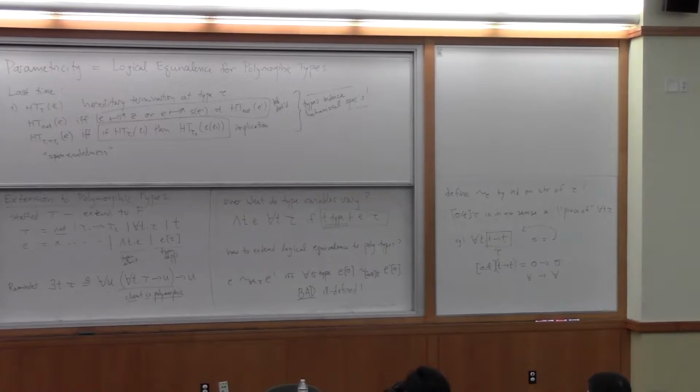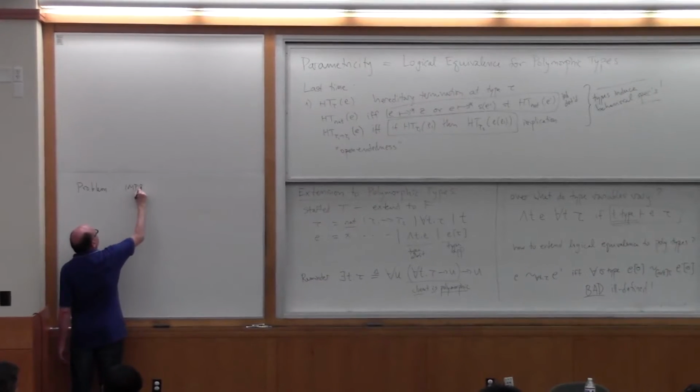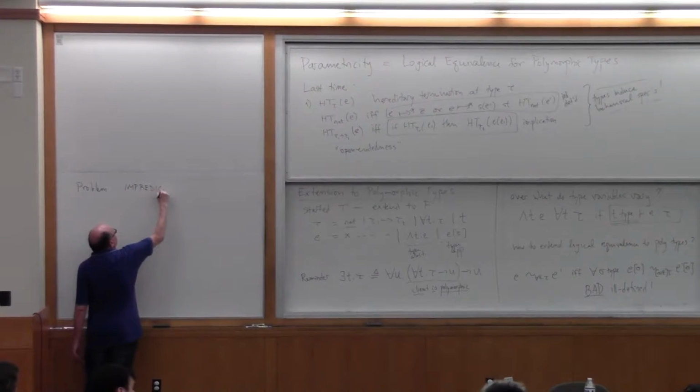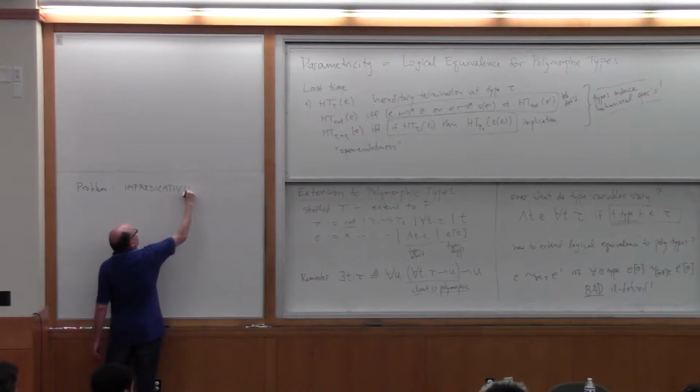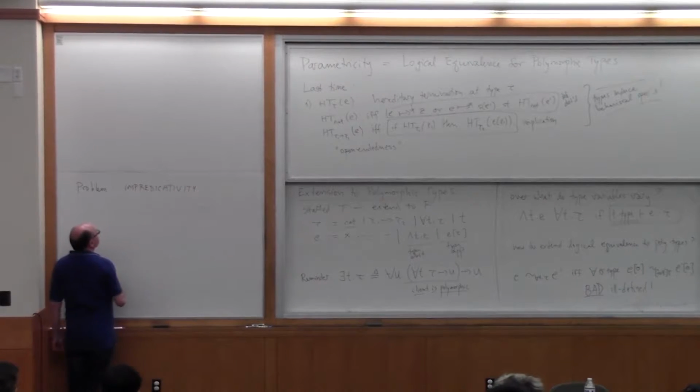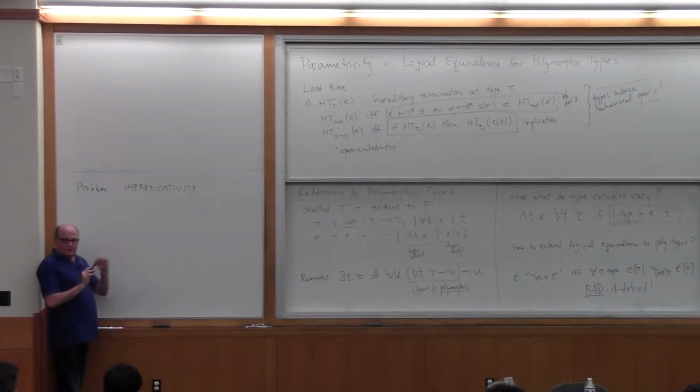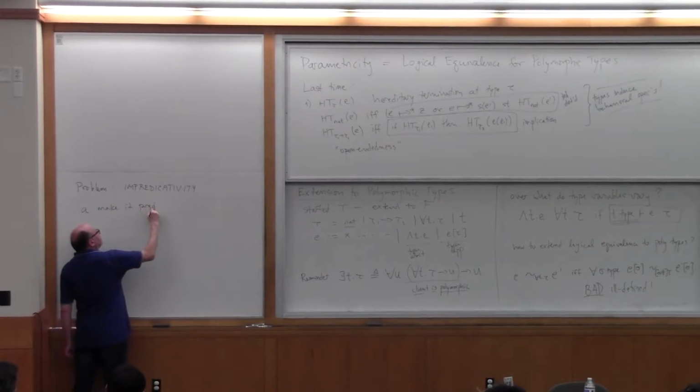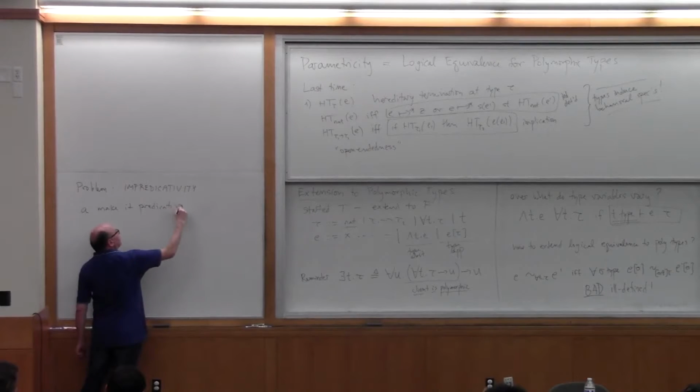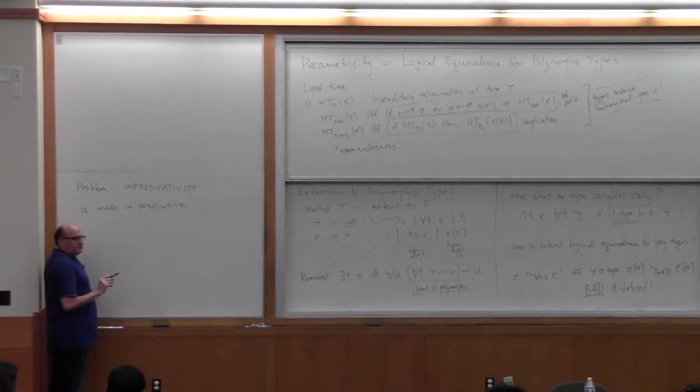The problem has a jargon name: it is called impredicativity. It's a jargon word that goes back to Russell and Whitehead. It's just the phenomenon I'm describing to you. So there are two possible resolutions. One is to make it predicative. This is actually what Dan was doing this morning; he was showing you could get away with this to some extent.